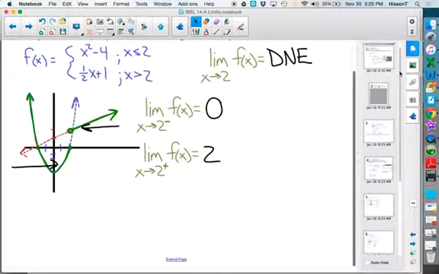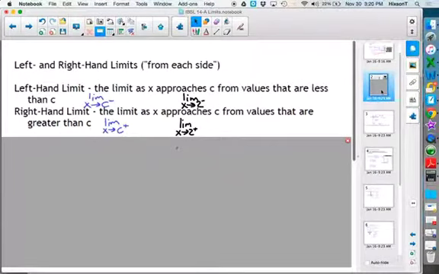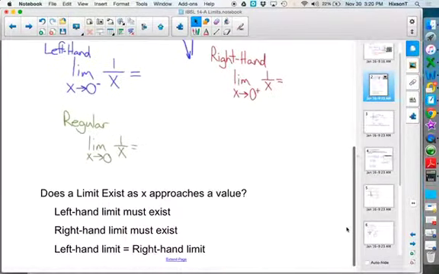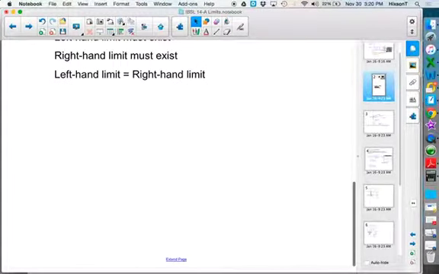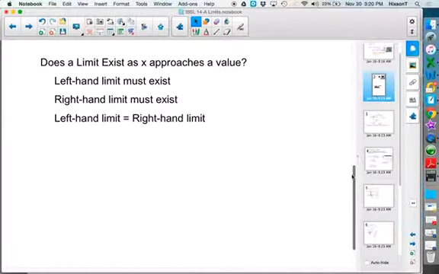one rule here that we have for limits. Okay? In answering the question, does a limit exist as x approaches a specific value? Well, there's basically a three-part test. Does a limit exist?